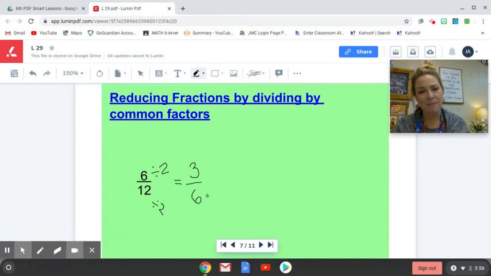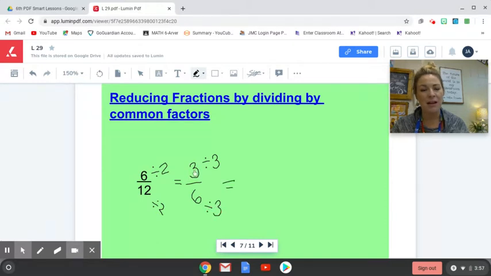My fraction is not yet complete. I can continue to reduce this. It's not wrong, but it's not complete. So now I start looking, 3 and 6, they're not both even. I can't divide by 2 again, but they do in fact have another common factor. 3 is divisible by 3, and 6 is divisible by 3. So my next step is to divide my numerator and denominator both by 3.